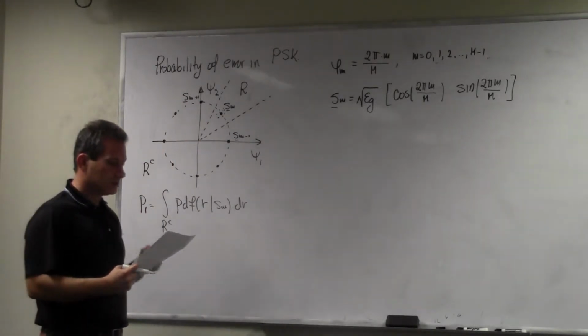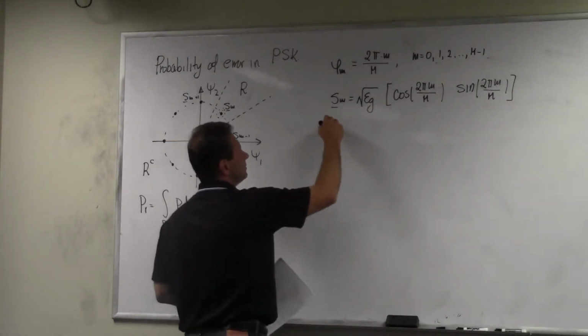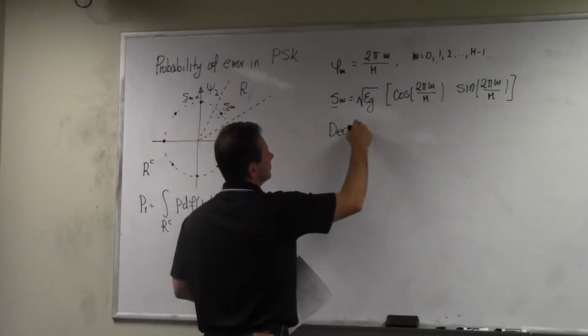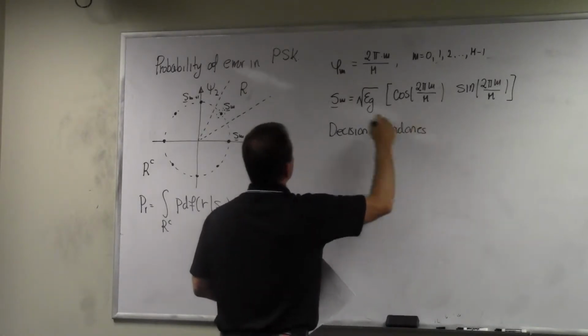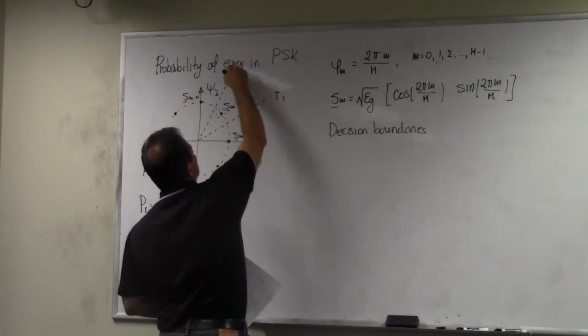And then the decision boundaries are like this. Let me call this one T1, and this is T2.